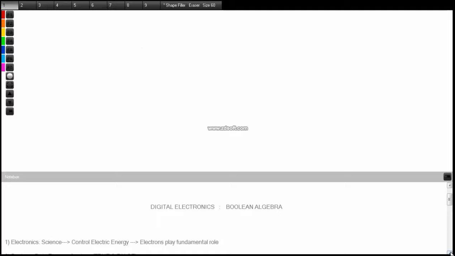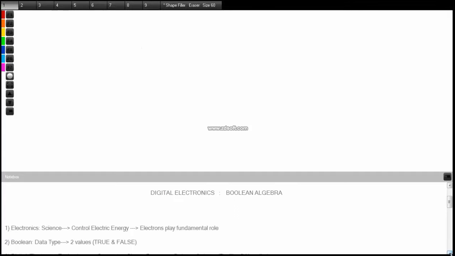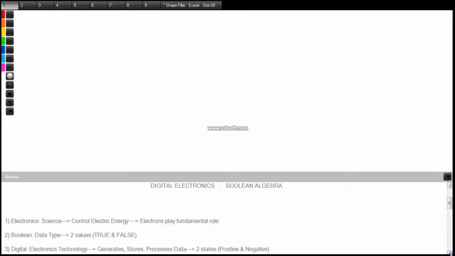Now these two terms can be directly associated with our third term, that is digital. What does digital do? Digital describes our electronic technology of generating data, storing data, and processing data in terms of two states, positive and negative.